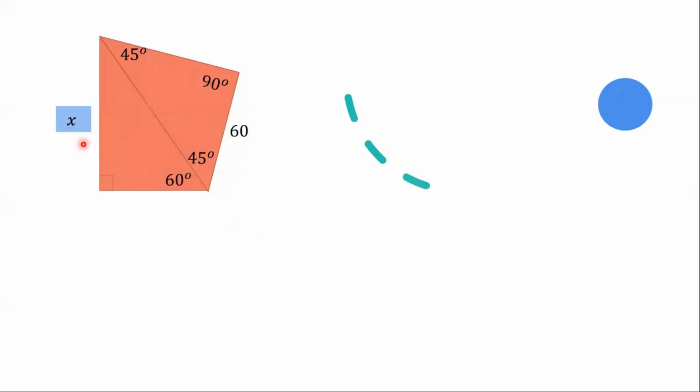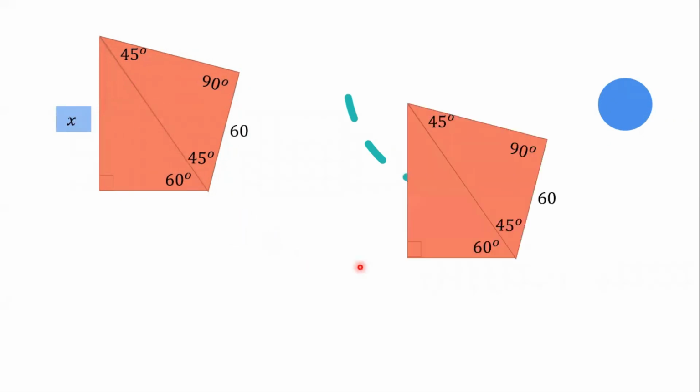So we solve first for this side so that we can solve the hypotenuse of the two triangles. We have 60 here, and the other side is also 60, since it's a right isosceles triangle. Solving for its hypotenuse, we just multiply this by square root of 2.